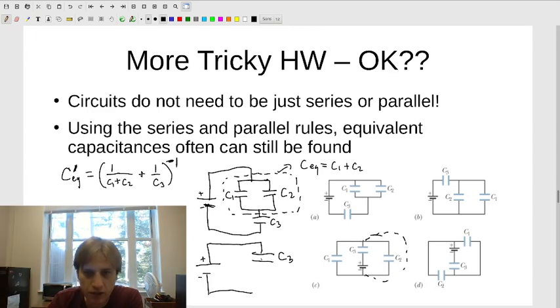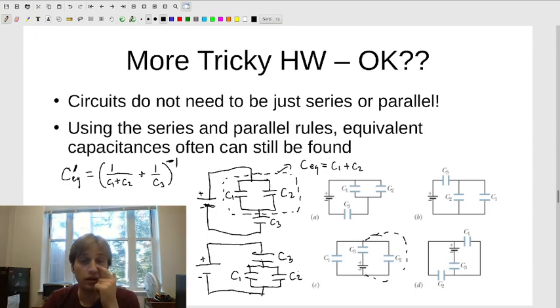So in fact, C1 and C2 are in parallel. Again, I could treat this as an equivalent capacitance of C1 plus C2. Then I could find the equivalent capacitance of the entire circuit by treating this as a capacitor and that as a capacitor in series, and I would find that the equivalent capacitance of my circuit would be exactly the same as before. So I've given you these as a homework problem.